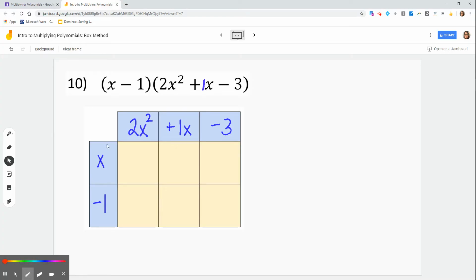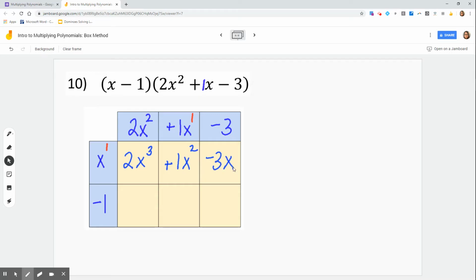And I'm going to put those invisible 1s in a different color so you can keep track of what is happening. So 1 times 2 is 2. And x times x squared is x cubed because you're adding the exponents together, 1 plus 2. And then finally, x times -3.